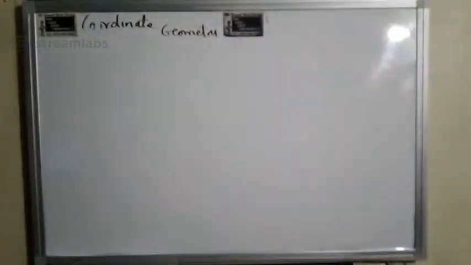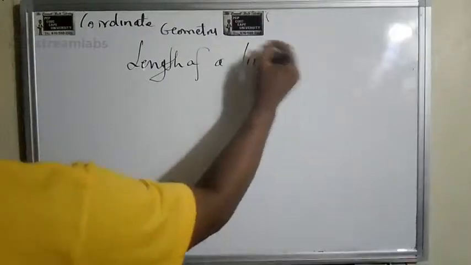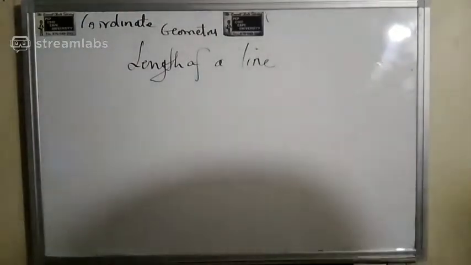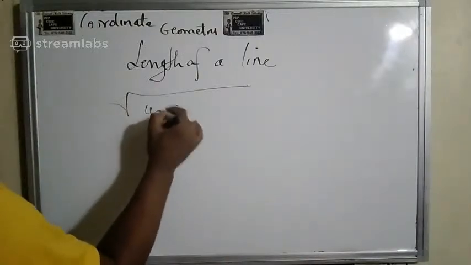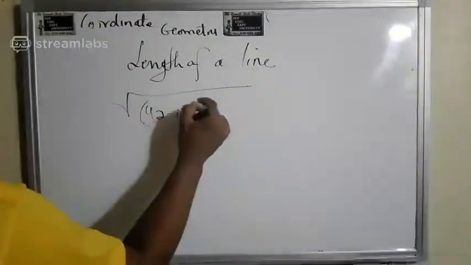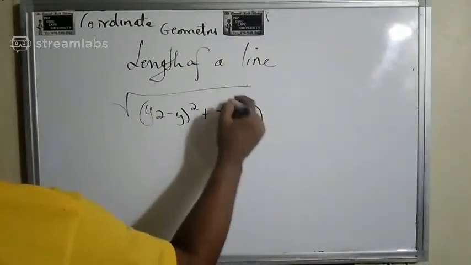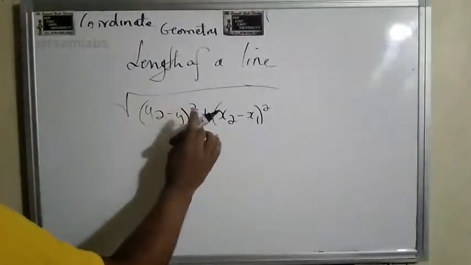So we look at the length of a line, and this is the formula. It goes like this, and it comes from the Pythagoras theorem. So that's how we find the length of a line.